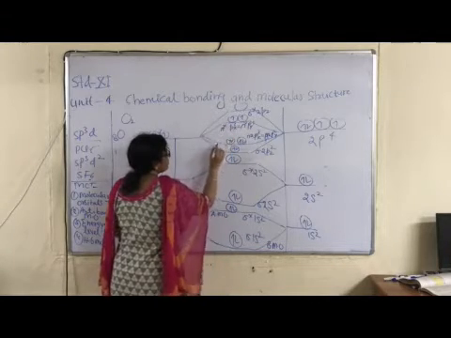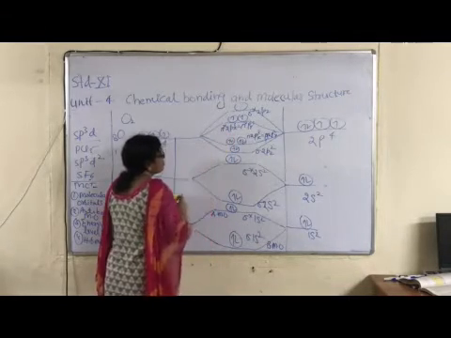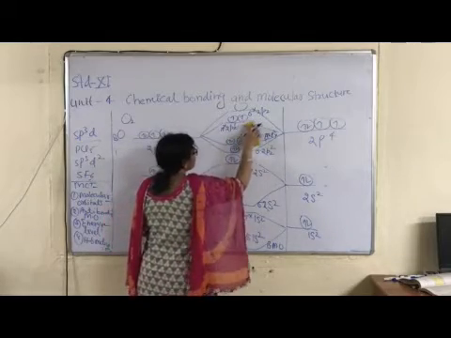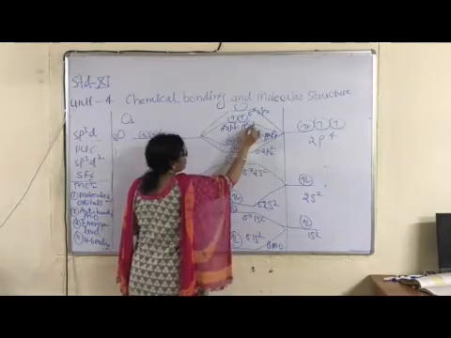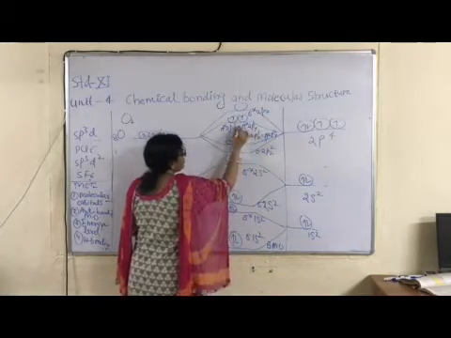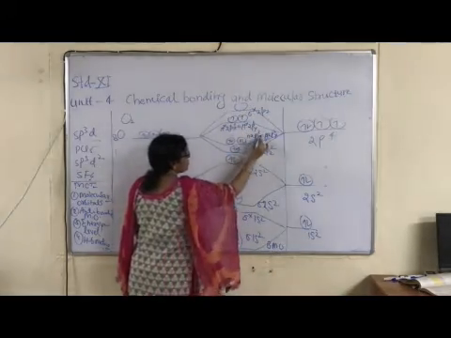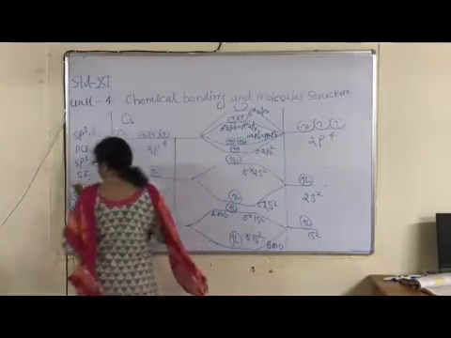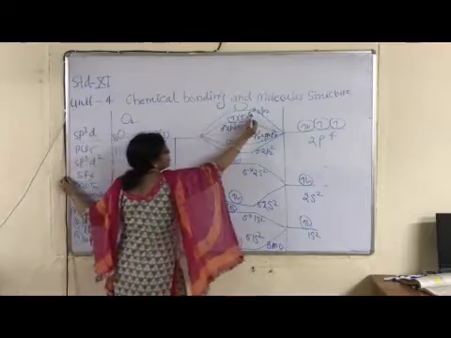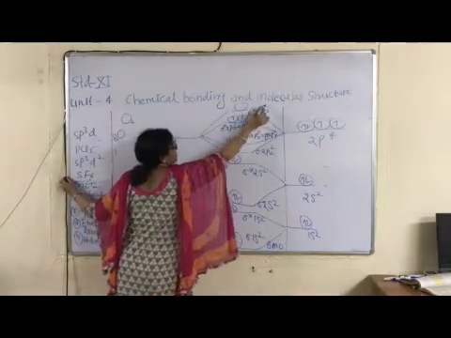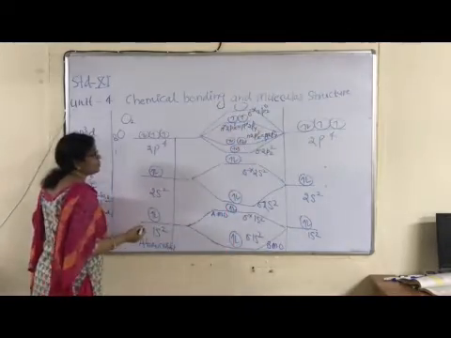Pi antibonding 2px, and this one is pi antibonding 2py, and the energy is equal. This energy is also equal, right? And sigma antibonding 2pz is empty. No electron is present, right?